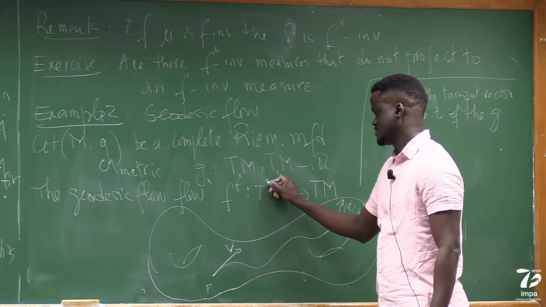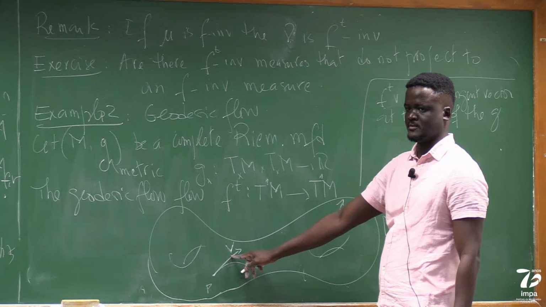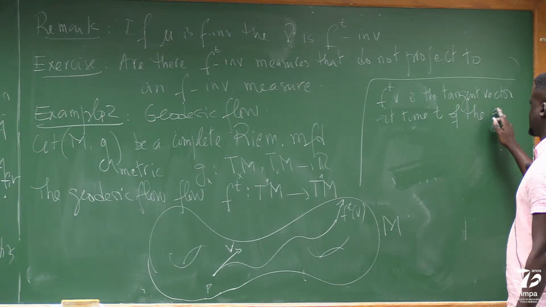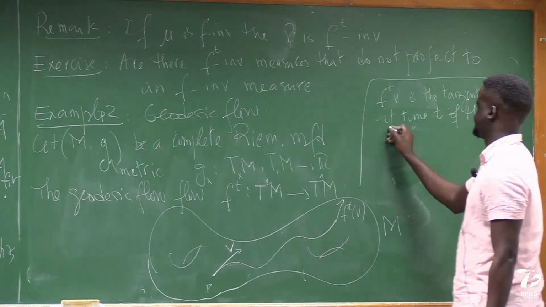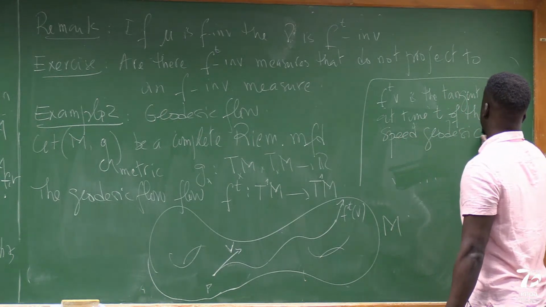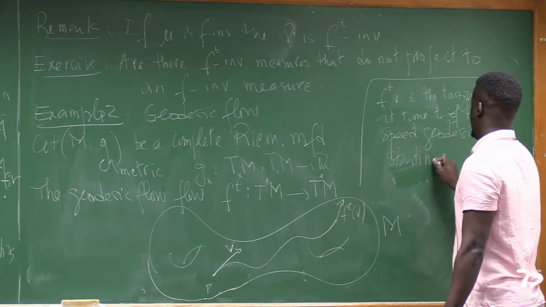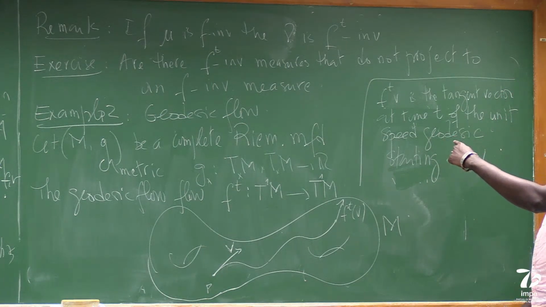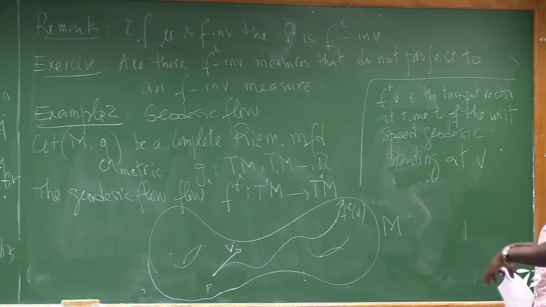So this is T^1M, which is just the set of vectors of norm 1, okay? Because here there is a problem of parameterization. So F_tV is the tangent vector at time t of the unit speed geodesic starting at V. You give me a vector, I draw the geodesic through this vector, and at time t, that is F_tV.